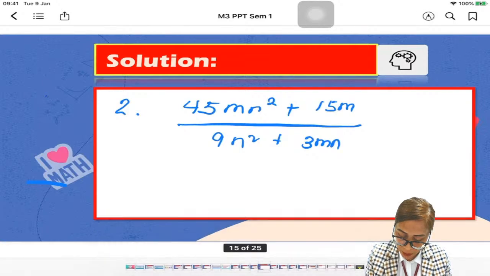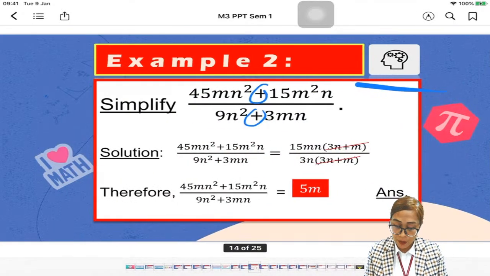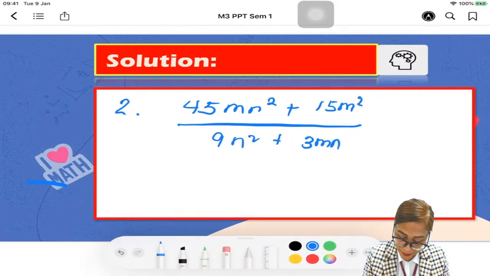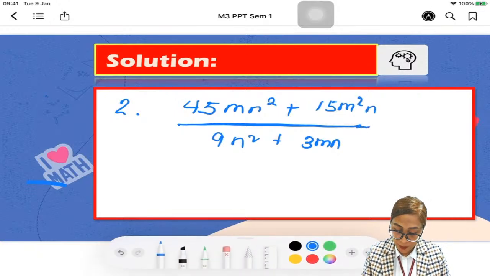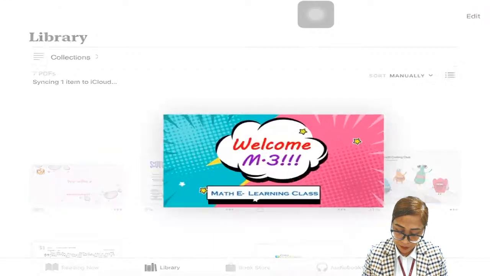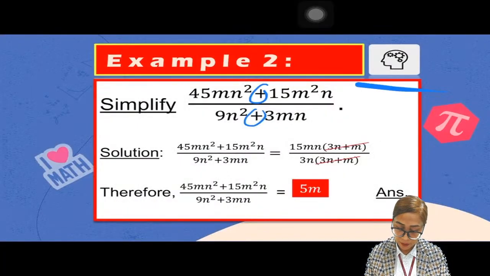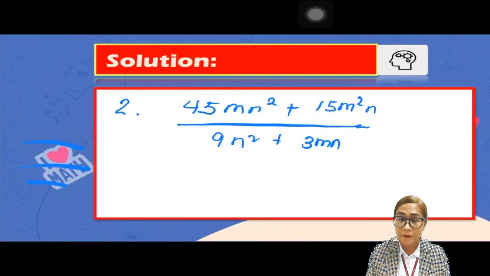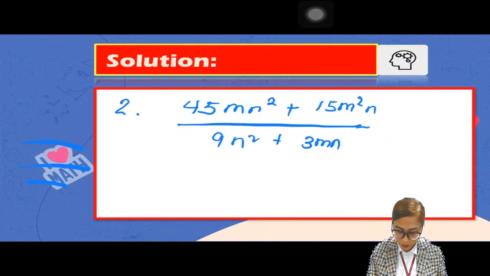Let me check. 45mn squared plus 15m squared n. Okay, and then the last one, 9n squared plus 3mn. Okay, so how do we simplify these algebraic expressions?